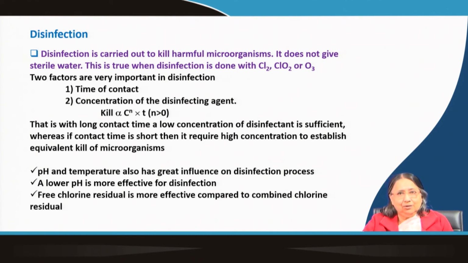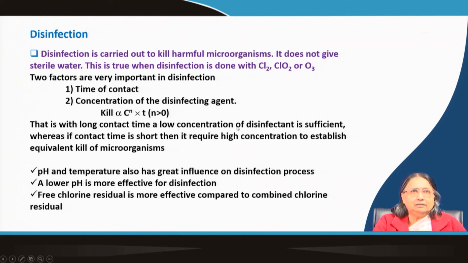If I am very thirsty and want to drink as soon as possible, I will add more drops, say 5 drops, keep it for a little time, maybe 5 minutes, and then drink. But if I am not that thirsty, I may use 2 drops and keep it for a longer period, say 10 minutes, then drink. So, contact time is important and also the concentration, and kill is proportional to concentration to the power n into T.